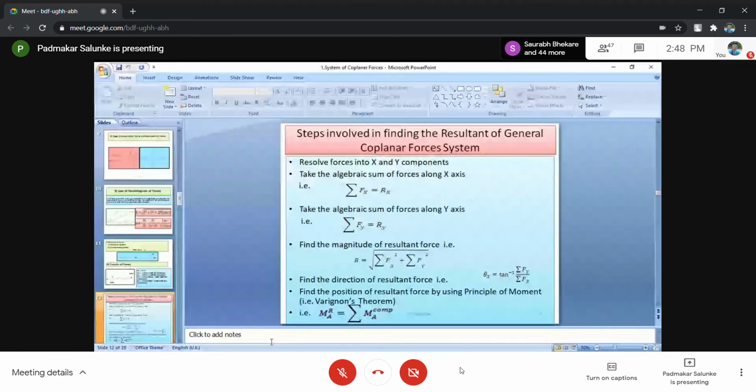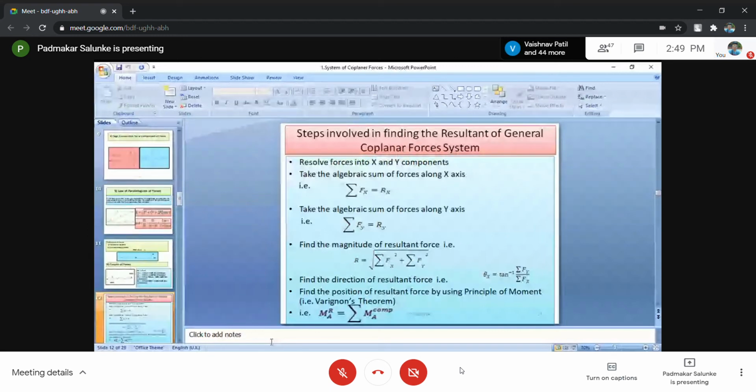The next step, find the direction of the resultant force. This direction you have to calculate by using angle theta. This angle theta is the angle made by the resultant force with the x-axis. That's why it is denoted by the letter theta x. So, if we imagine a right angle triangle, the angle made by the hypotenuse with the x-axis is theta.